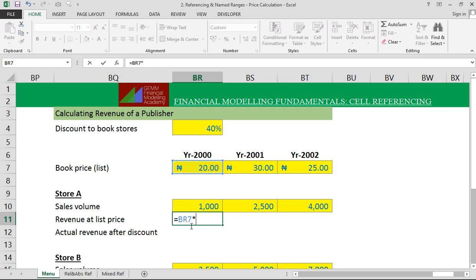Then we're multiplying that with the sales volume, also a relative reference. And so this is BR7, BR10.